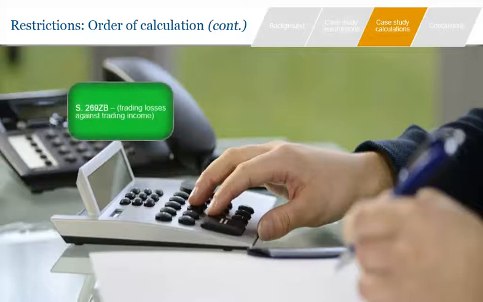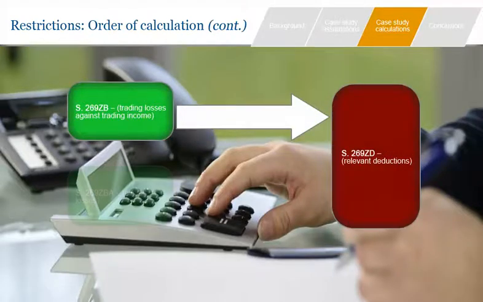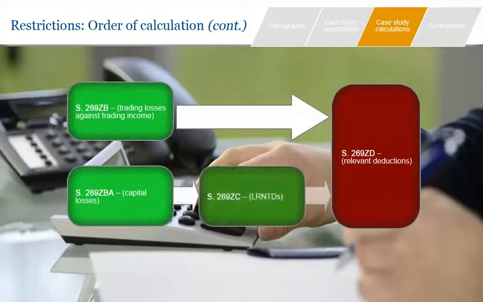To determine the order in which the four CILR restrictions must be calculated, we need to understand the order in which unrestricted losses must be deducted. Unrestricted losses in this context means losses potentially within the scope of any of the four CILR restrictions, but which in practice fall to be included in the allowable amount.